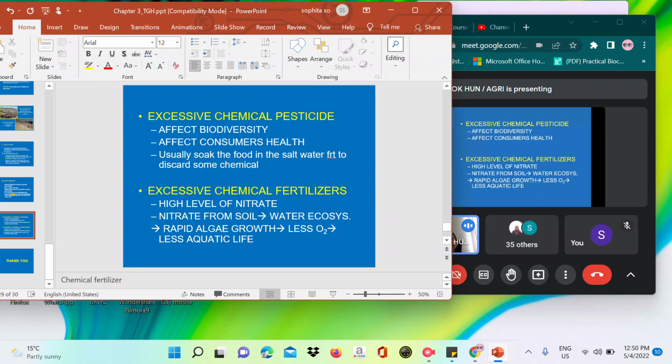After the third season of planting, that means one season finished, second season finished, then in the third season they get this ganoderma problem, because the soil's organic material is already lacking, good bacteria die, and the chemical fertilizer triggers some bad bacteria or bad pathogens to attack the plant.